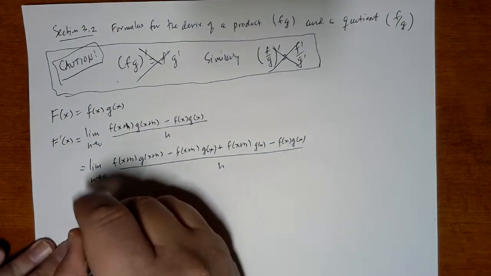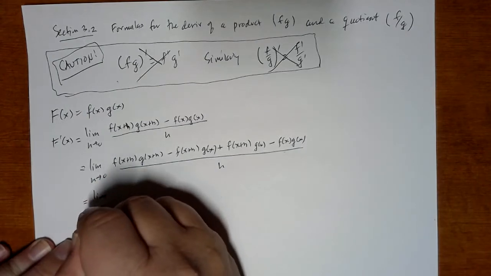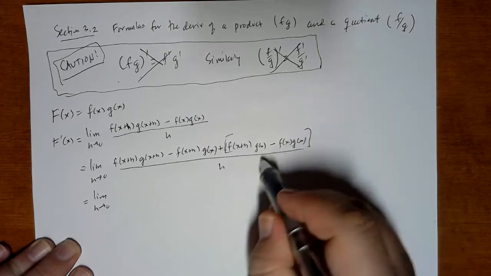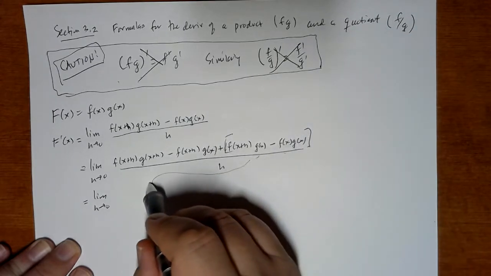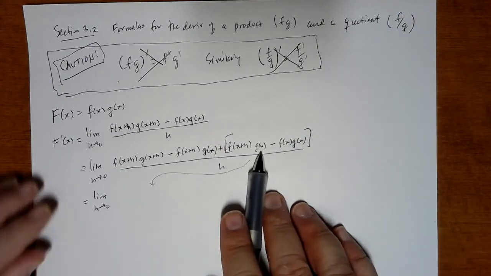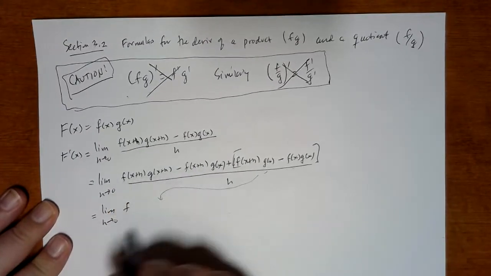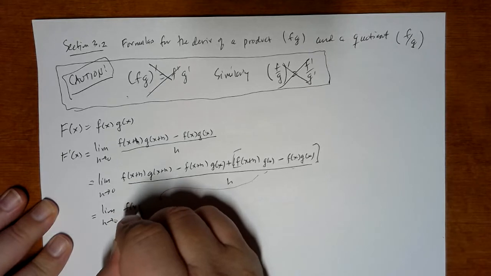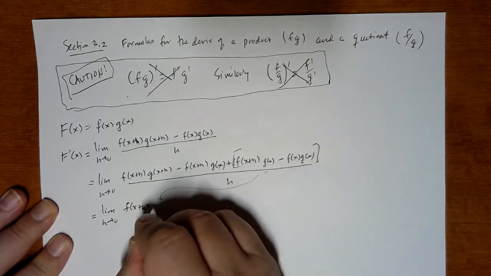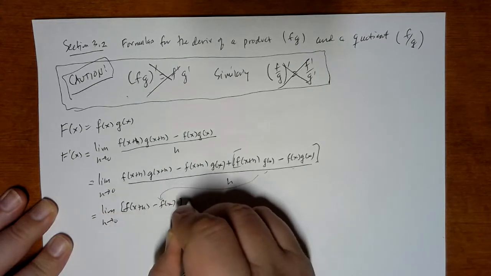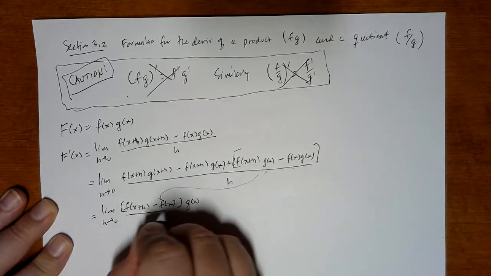And in fact, because I know what my formula should look like at the end, I'm going to group these two together and put that in the front. Now I'm going to factor out the g of x, right? So that's going to be f of x plus h minus f of x, all times g of x divided by h.